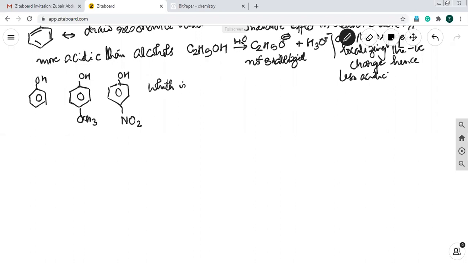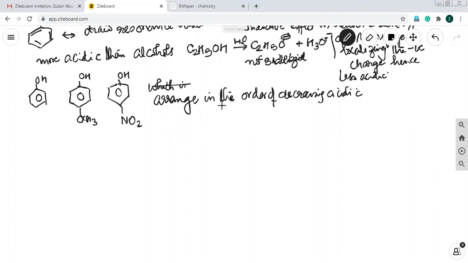Arrange in the order of decreasing acidity. Okay. So most acidic 1, 2, 3. So acidity decreases.